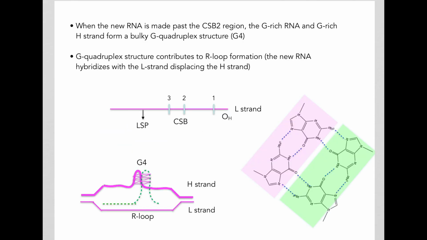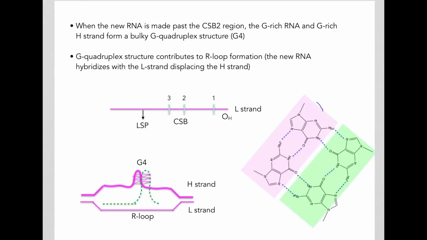Now, when this new RNA is made past somewhere around here, the CSB2 region, now this G-rich RNA as well as the G-rich heavy strand, the H strand, they will come together and form this structure here called a G quadruplex structure or G4.